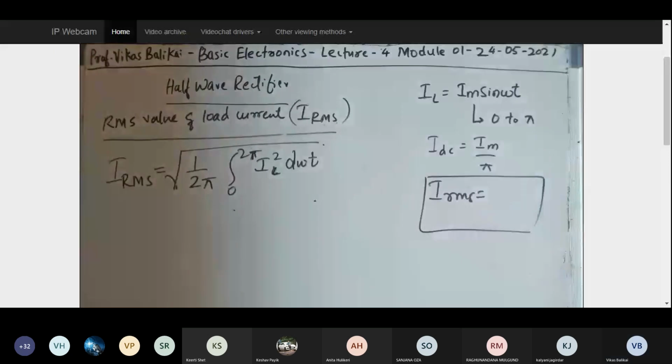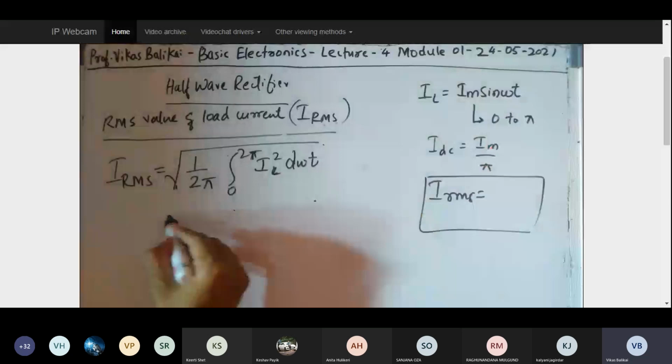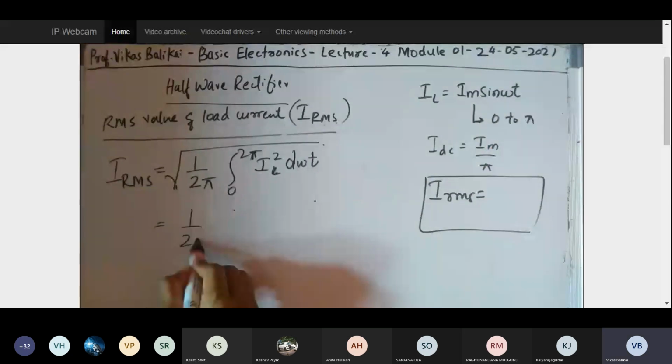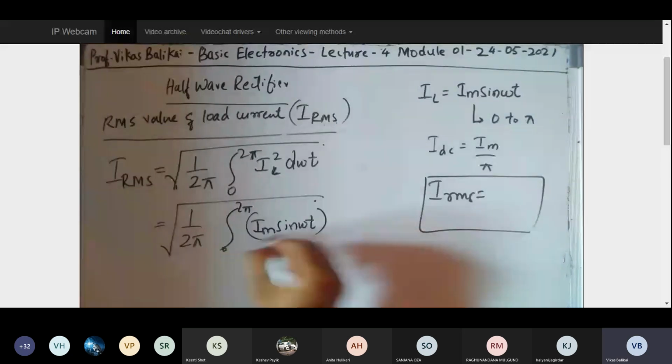Let's try to do that. Okay, let's try to simplify this. Now, what is IL? I know it as Im sine omega t. So let's substitute that. Under root of 1 upon 2 pi, integral 0 to 2 pi, Im sine omega t whole square d omega t.